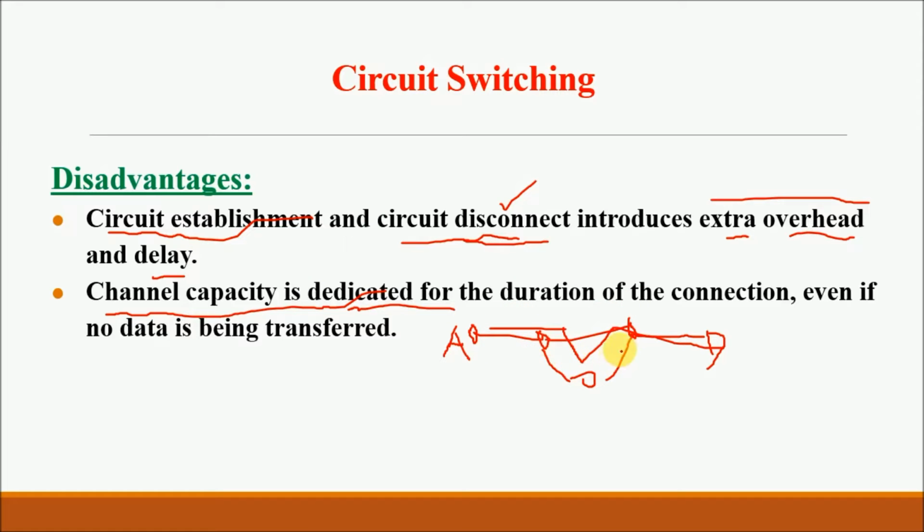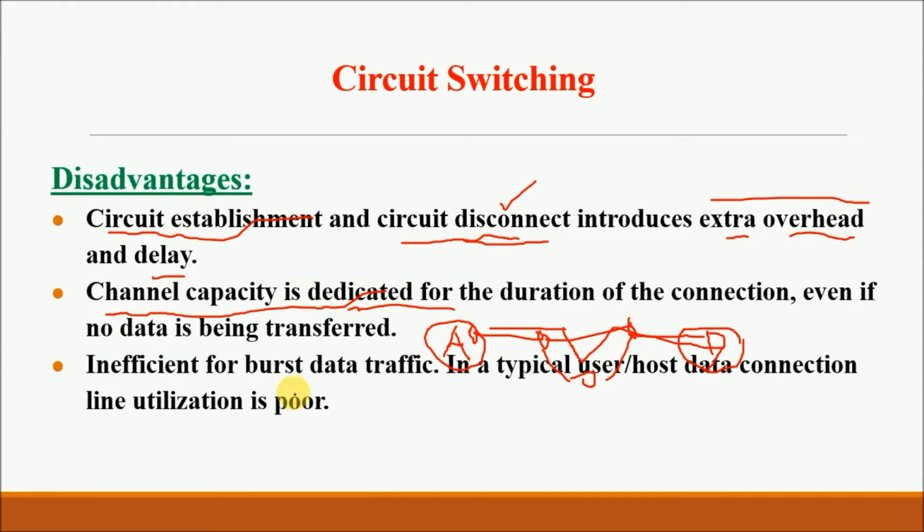Then until the communication channel is disconnected, the channel will be occupied by these two stations, station A and station D. So that's why this is dedicated for the duration of the connection.